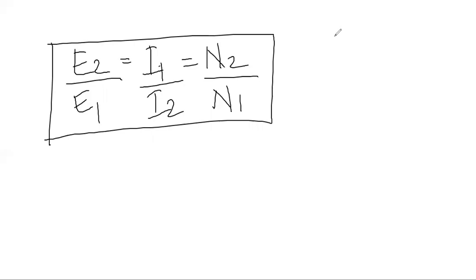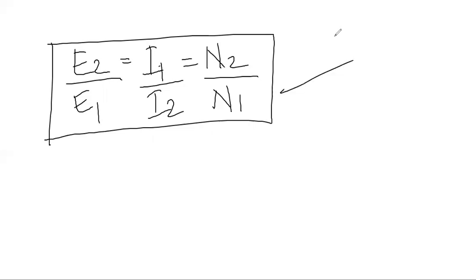So we can conclude the following relation for the transformer. Whenever we are considering exams, unless they tell us that it is not an ideal transformer, we will obviously assume it to be ideal.